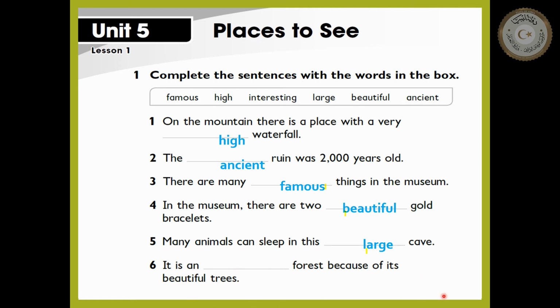Interesting. Excellent. So, on the mountain there is a place with a very high waterfall. The ancient ruin was 2,000 years old. There are many famous things in the museum. In the museum there are 2 beautiful gold bracelets. Many animals can sleep in this large cave. It is an interesting forest because of its beautiful trees.